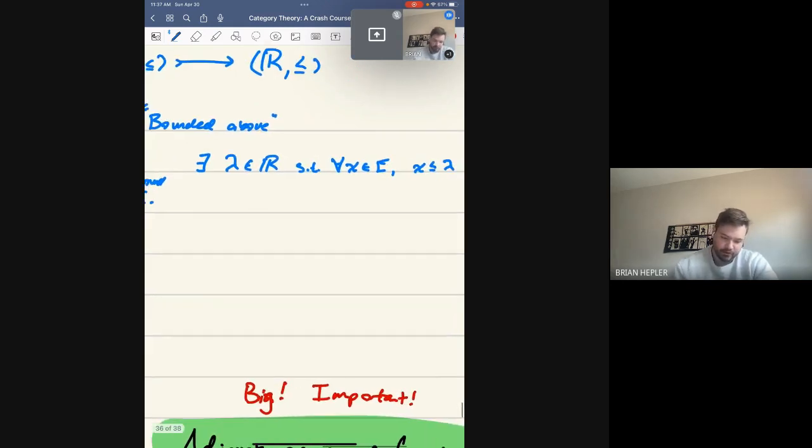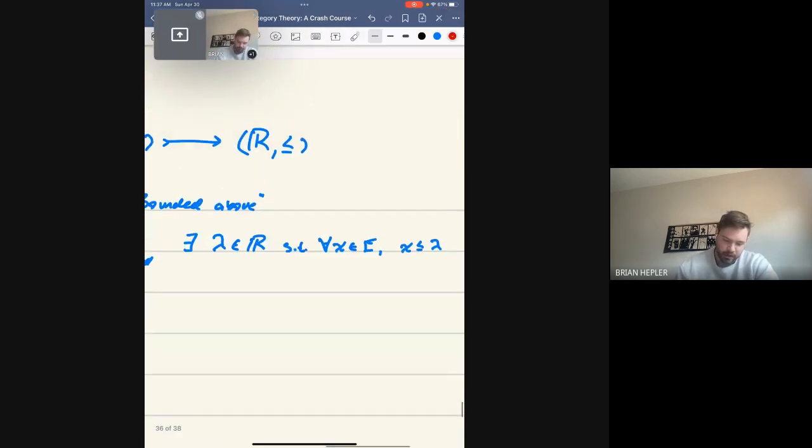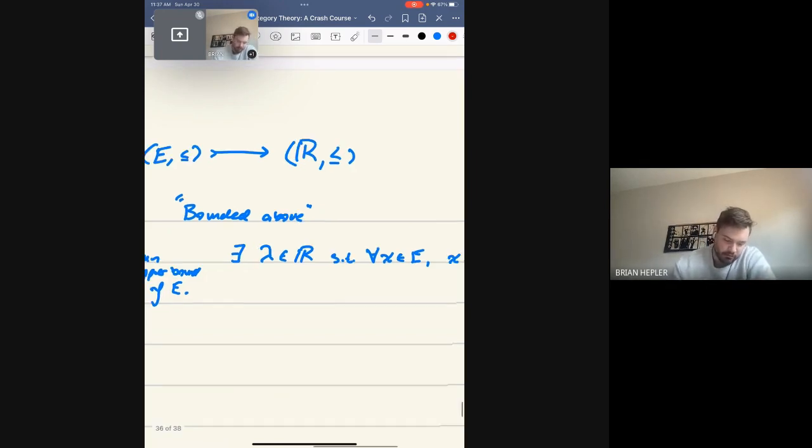That's the usual definition. The way we use it here is that when I include E, with less than or equal to, as a subcategory of this poset category, it means that I have non-empty sets of morphisms.